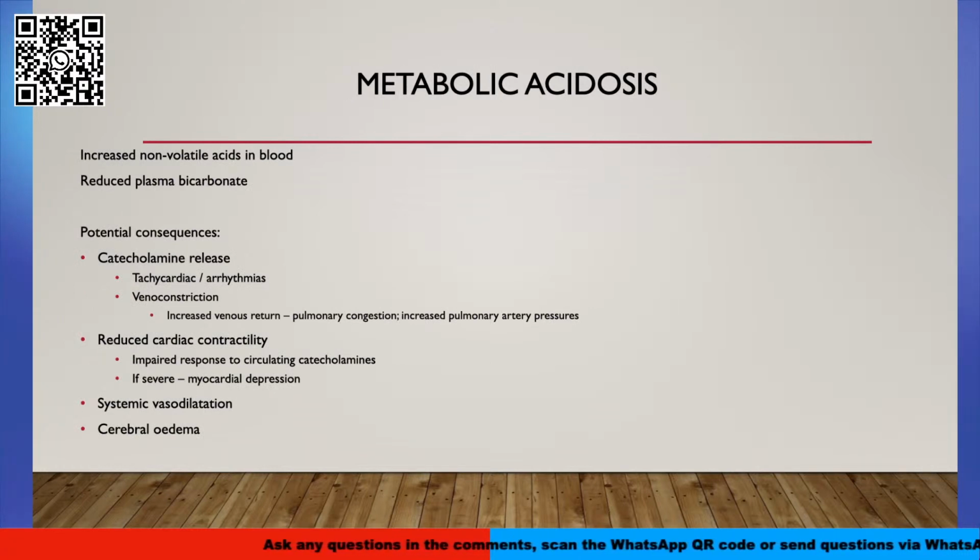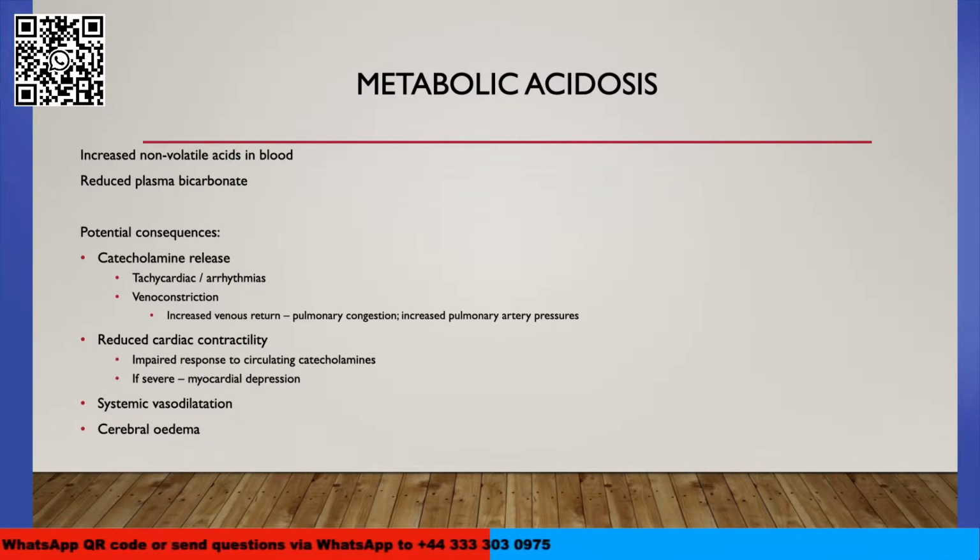So for a metabolic acidosis, this means there's an increased amount of non-volatile acids within the blood and a reduced plasma bicarbonate. The potential consequences of having a metabolic acidosis include increased catecholamine release, which may lead to tachycardia or arrhythmias, and venoconstriction.